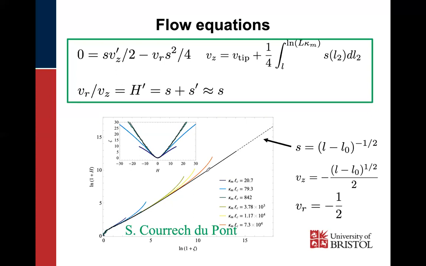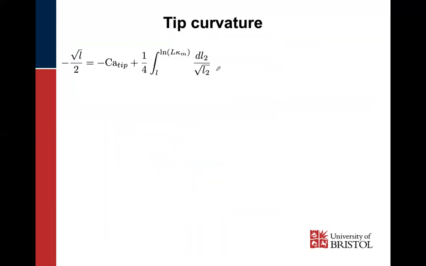What's even more interesting is to determine the tip curvature itself. So how do I determine the tip curvature? Well, I plug this solution back into the equations. So this is the Z balance of the equations with the solution S equals 1 over square root of L plugged in.